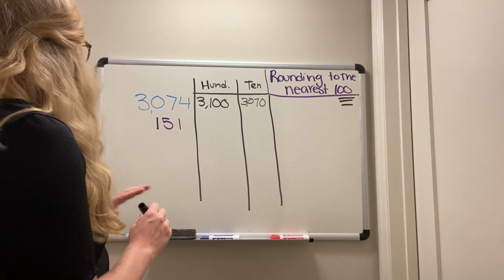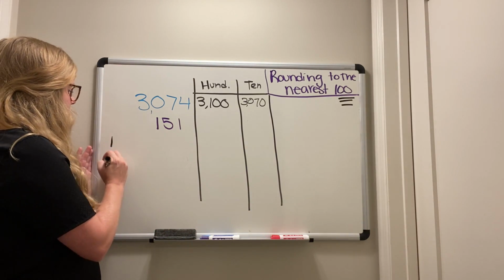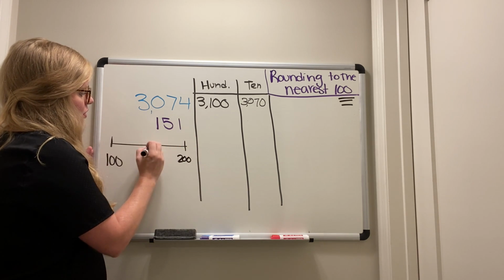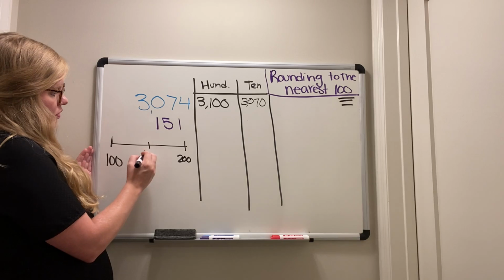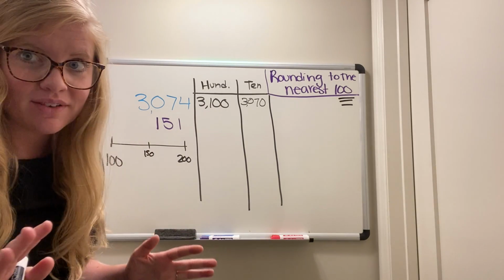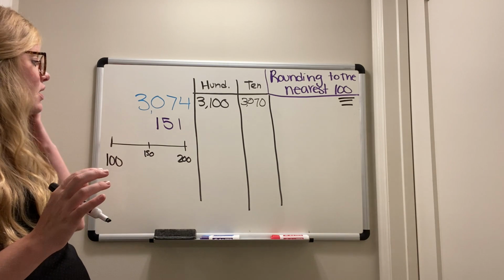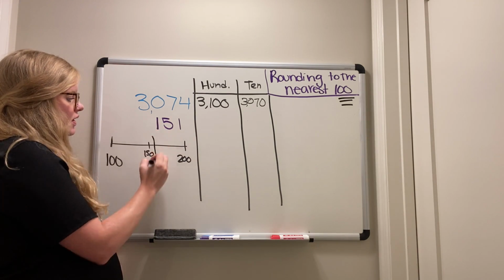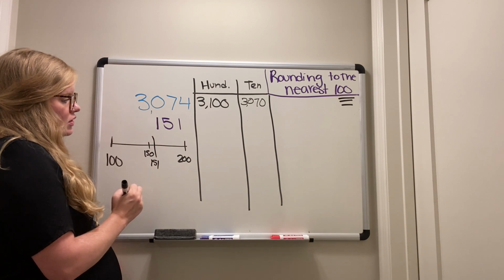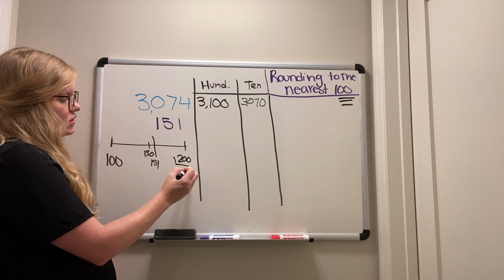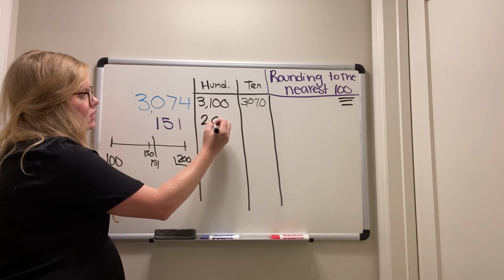It's just in between 100 and 200. Now what am I going to put here? 150. I love halfway marks. They're really great. Okay, so 151 on our number line would be just right here, right? So is it closer to 200 or 100? Good. It's closer to 200, just barely.